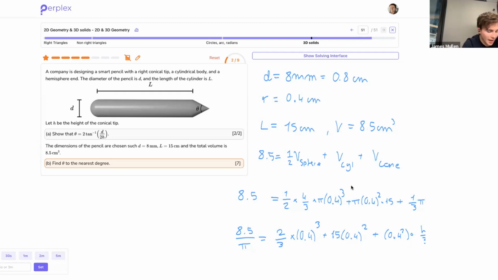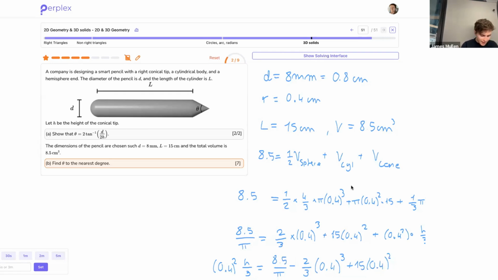Now I can turn all of these values into decimals using my calculator. So h over 3 times 0.4 squared is equal to 8.5 over pi minus 2 over 3 times 0.4 cubed plus 15 times 0.4 squared.